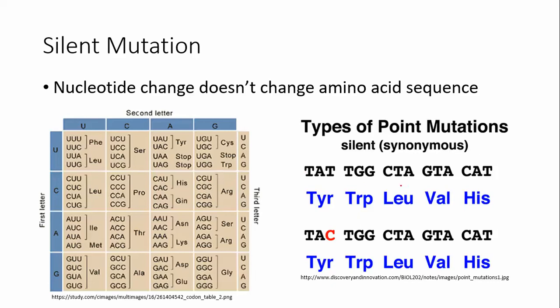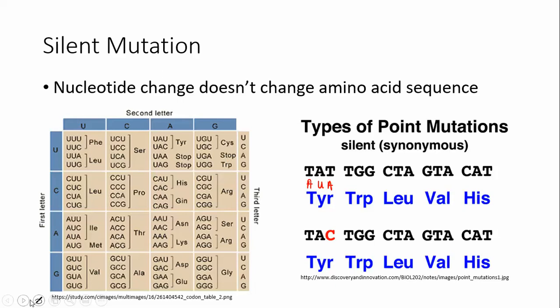So we have DNA sequences. The first codon right here is TAT. If we were looking at what RNA would be produced from that, it should be AUA. If we look at AUA... Never mind.